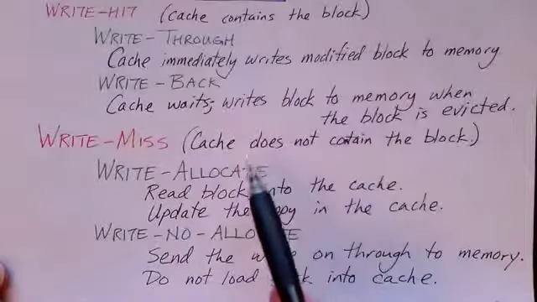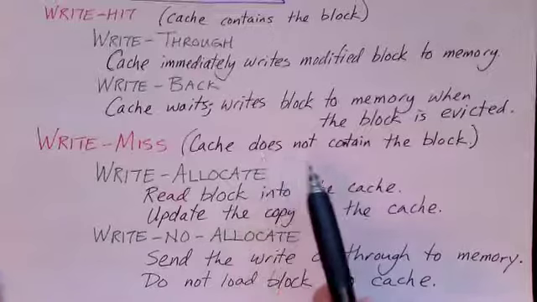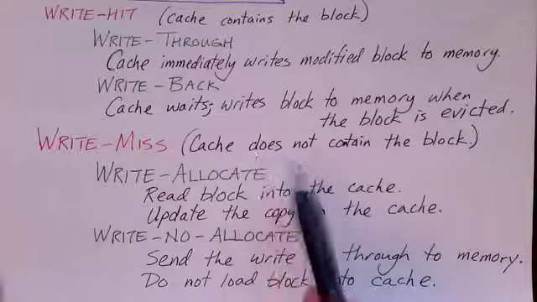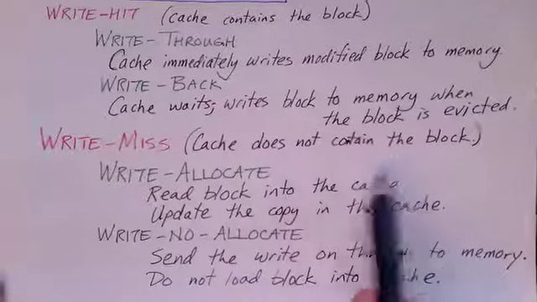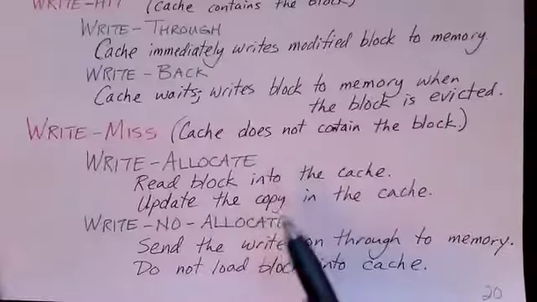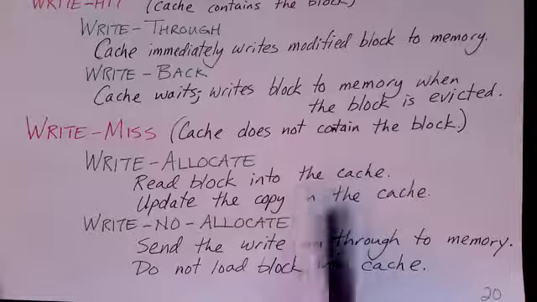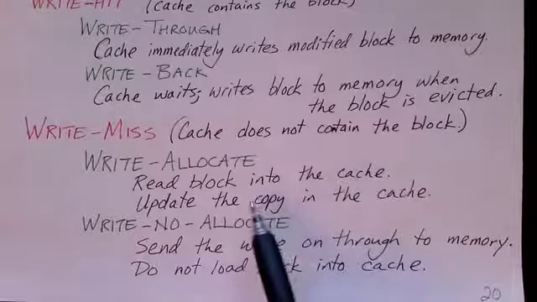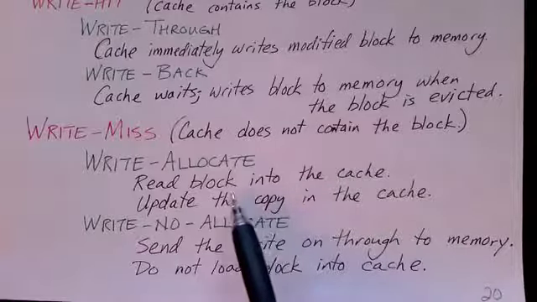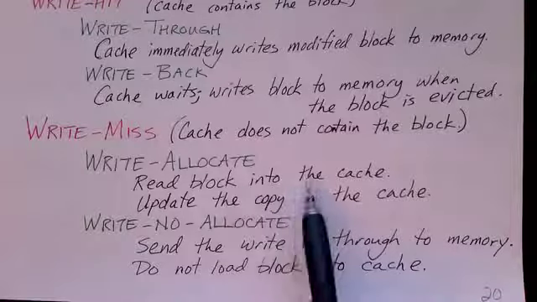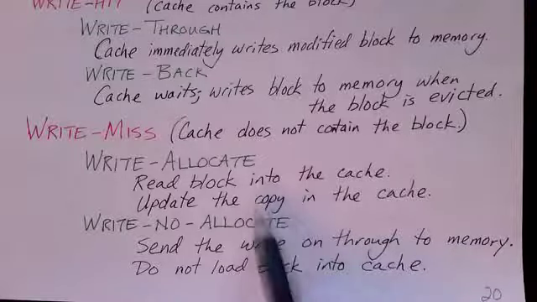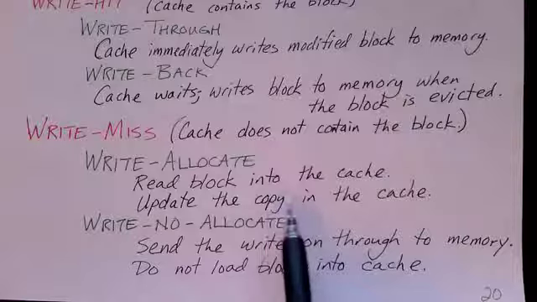Now, if the write is to a block that's not in the cache, if the cache doesn't contain the block, then there are two choices called write allocate and write no allocate. With write allocate, the idea is the cache will read the block from memory and put it into the cache and then update the copy that's in the cache.